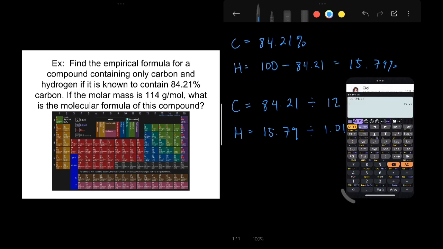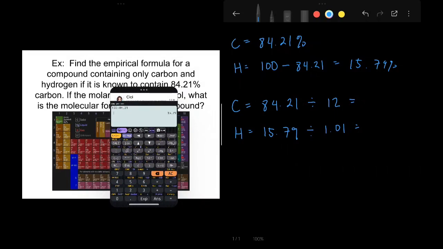So let's compute. 84.21 divided by 12, we got 7, and then 15.79 divided by 1.01, we got 15.6.